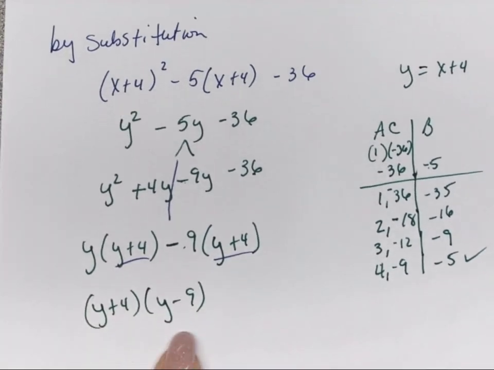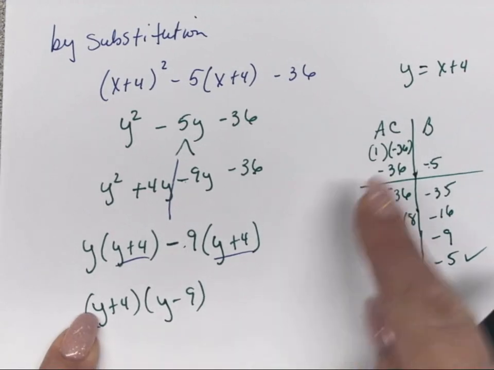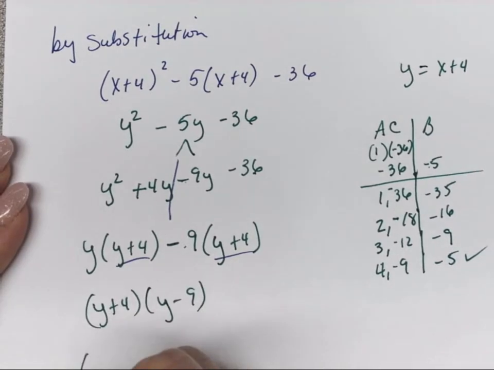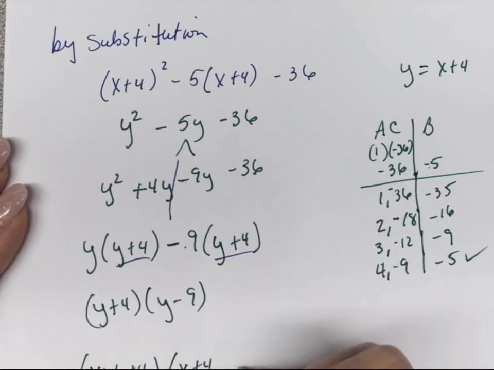Now, what you need to remember is that we did a substitution, right? So this is not quite our final answer because y is x plus 4. So we have x plus 4 and we have x plus 4 minus 9.